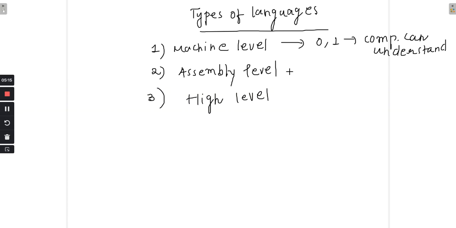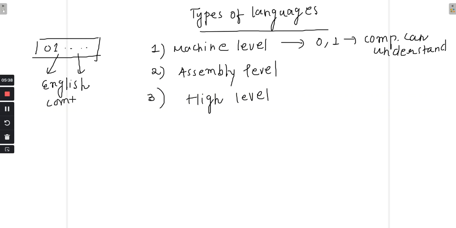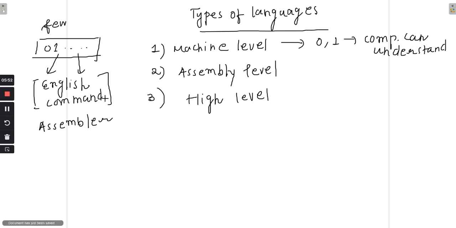So what happens in assembly language? See, any operation that I am gonna perform with the help of a computer is represented as a sequence of zeros and ones. So these zeros and ones are replaced by some English commands, only a few. And with the help of an assembler, a program called an assembler, I convert these English commands, which have a mapping to the sequence of zeros and ones.